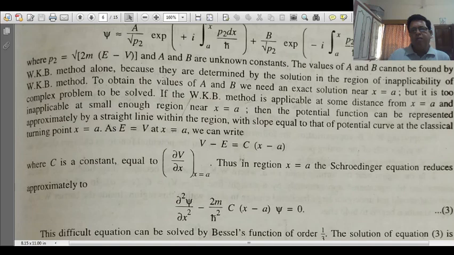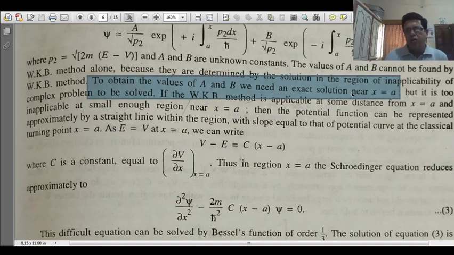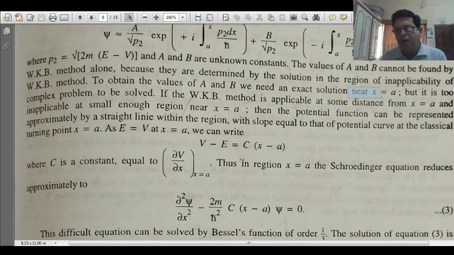So if we want to calculate the values of A and B, we need an exact solution near x equal to a, because near x equal to a the WKB method is incapable.